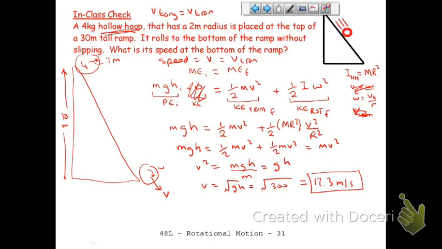As before, we had to substitute in for the moment of inertia, so our three equations become very important: the moment of inertia for a solid cylinder, for a hollow hoop, or for a solid sphere. We've got to know those.